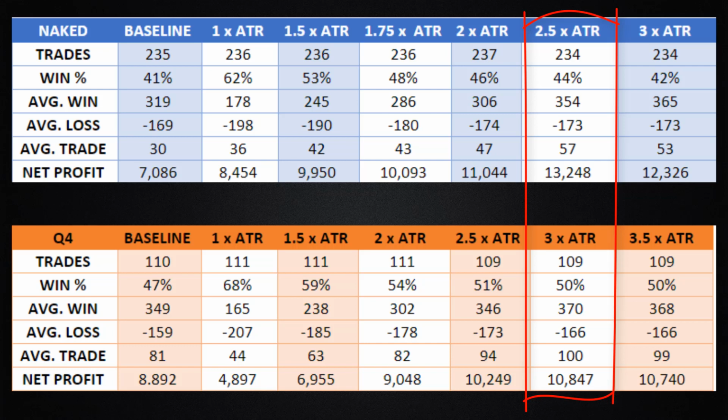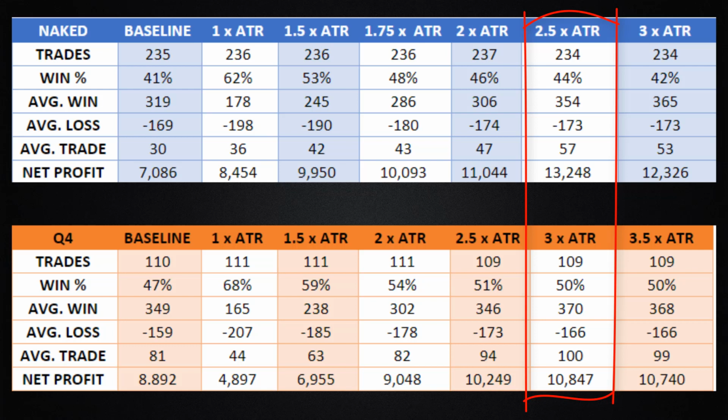Win rate is still lower, but win rate doesn't really matter too much because it's all in my comfort zone. So that is something very interesting that I want to pay attention to. And for you guys that are digging deep into the numbers, it has everything to do with frequency. Average trade is much better for the qualifiers, which means I'm getting a better type of trade on average.